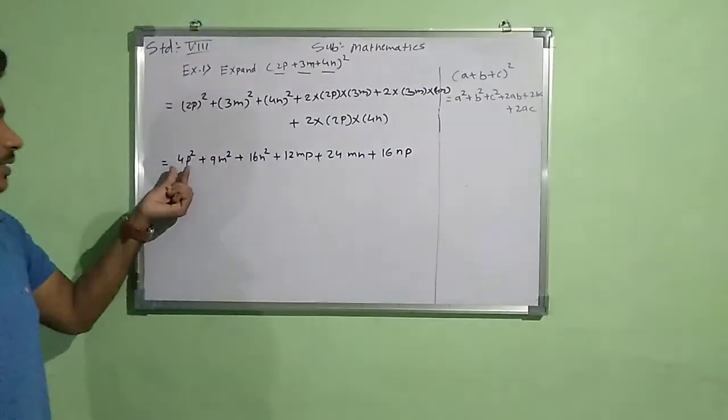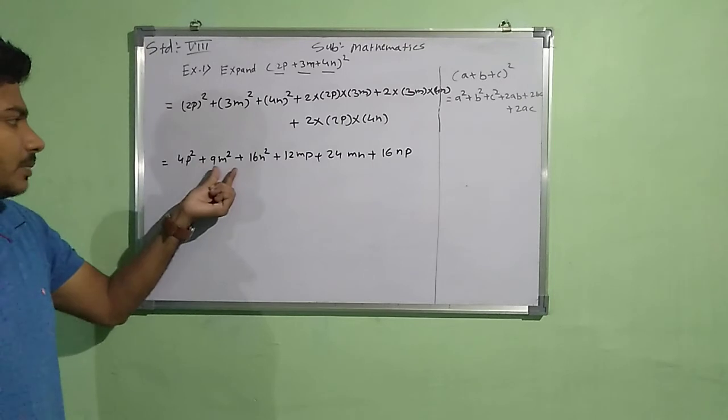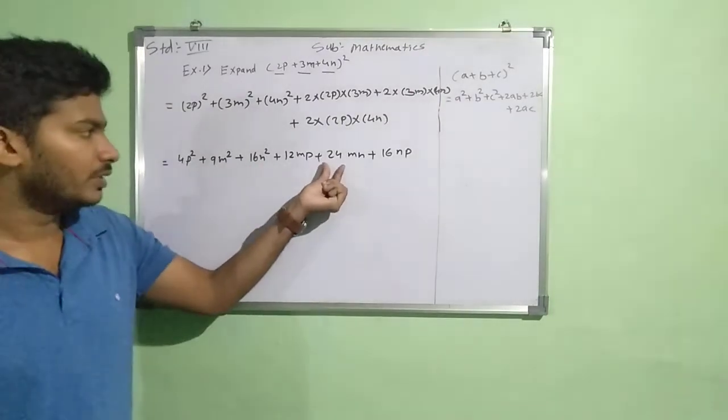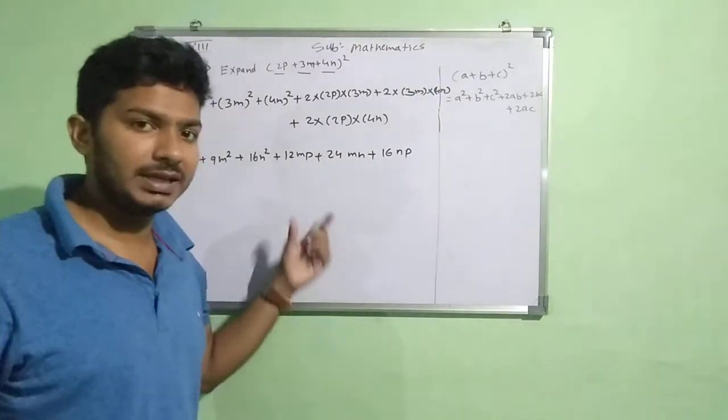So that will be 4p square plus 9m square plus 16n square plus 12mp plus 24mn plus 16np. That will be the expansion of that given term.